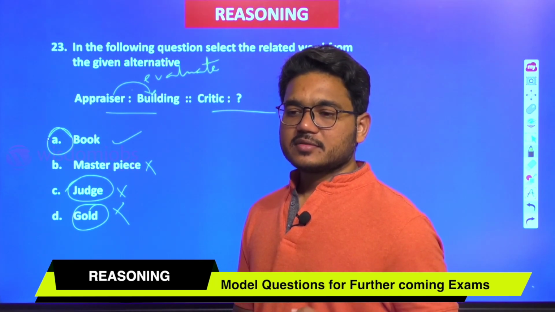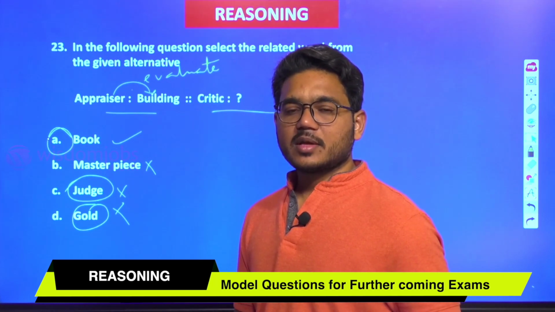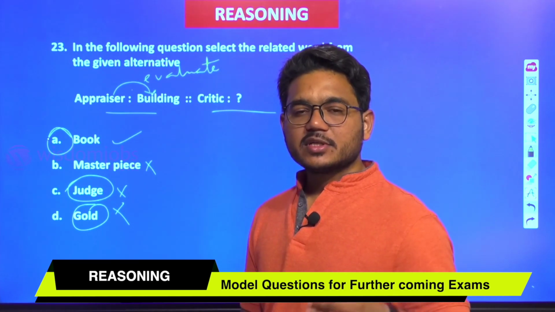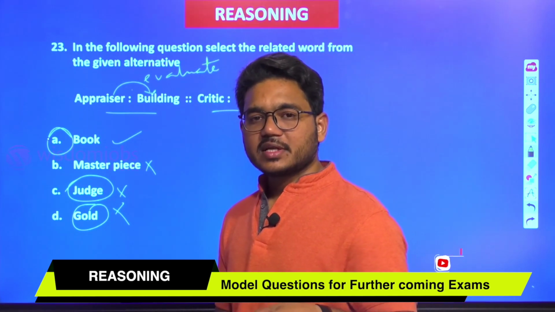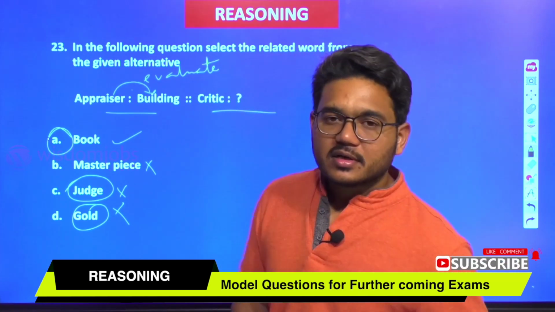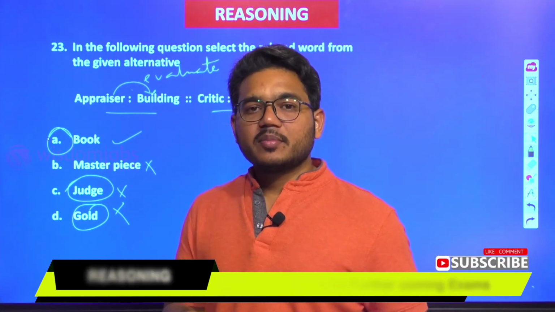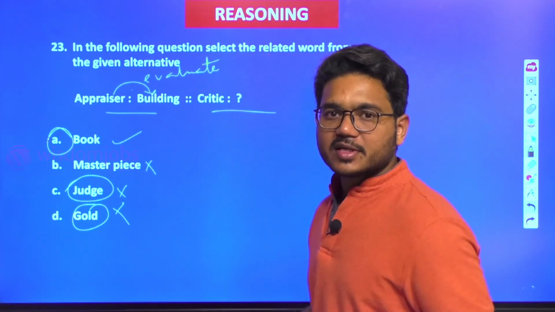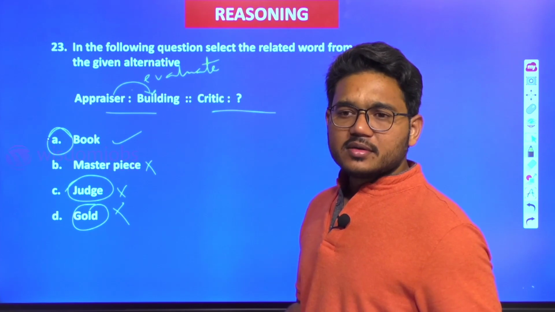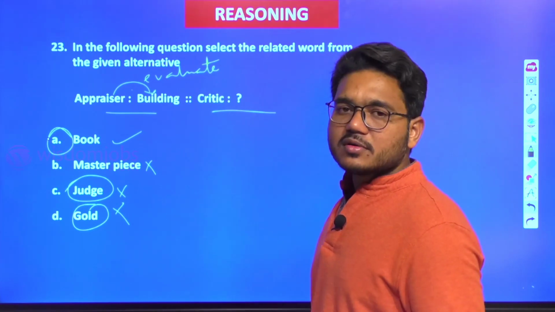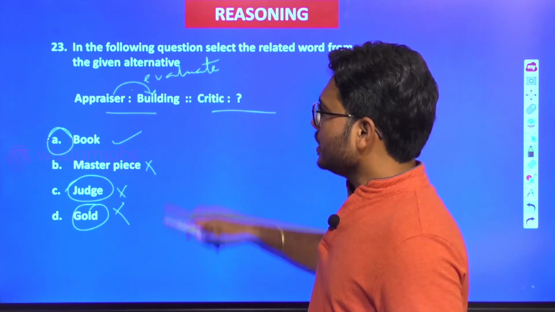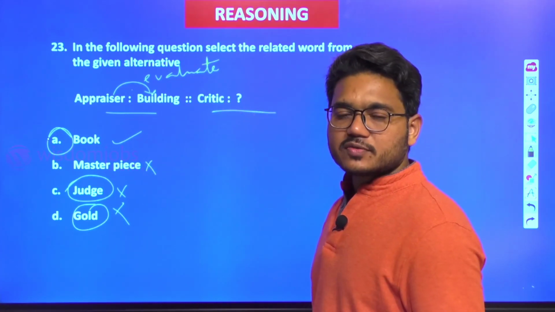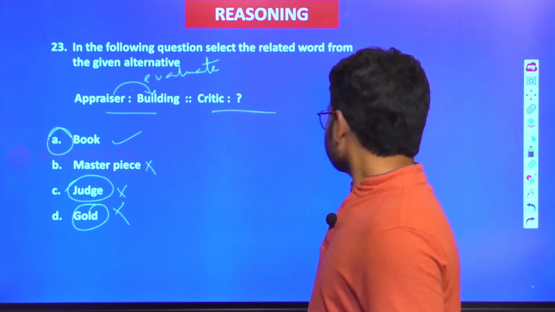A critic evaluates the book and comprehends the gist of it, and people used to purchase those books earlier based on that critic's opinion. It has formed in a similar way for movies these days. So the answer is obviously book, and we will move ahead with another question.